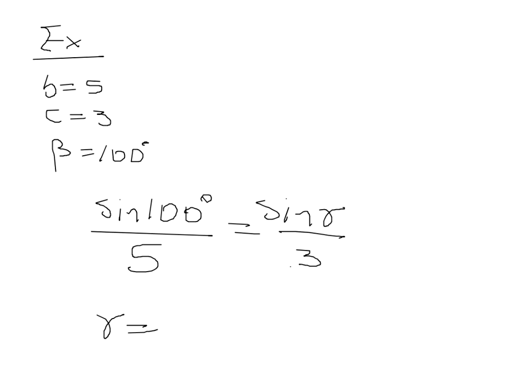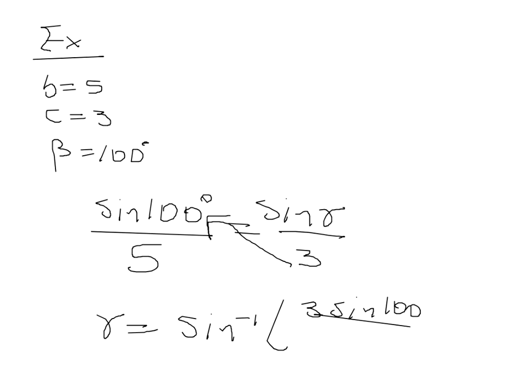And I solve for gamma. So gamma equals inverse sine of 3 sine 100 over 5. And that comes out to be 36.2.